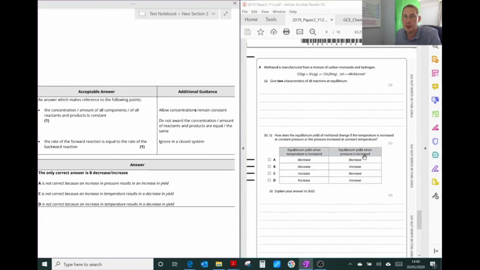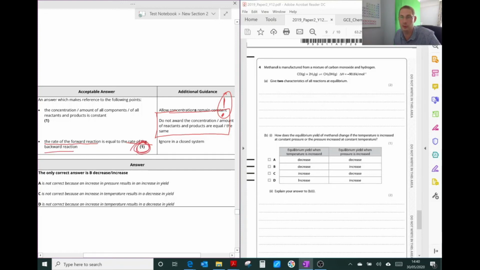Next question. Methanol is manufactured from a mixture of carbon monoxide and hydrogen. Give 2 characteristics of all reactions at equilibrium. Do not award that the concentration of products and reactants are equal. It's what GCSE students say all the time. It's not true. What is equal is that the rate of the forward reaction is equal to the rate of the reverse reaction.